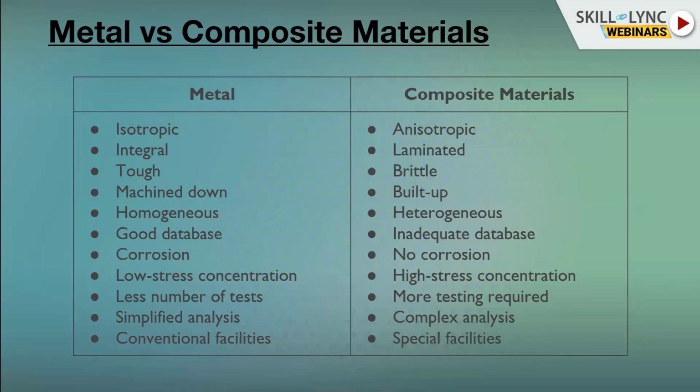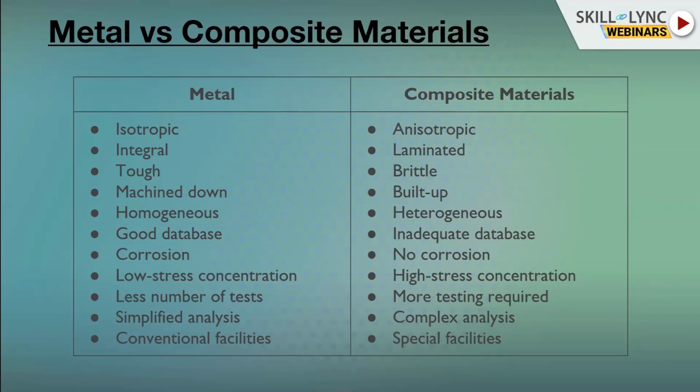The analysis in the metals is quite simplified because we have the database, we know the properties are isotropic and homogeneous, and there are a lot of case studies already done on the metal parts. Whereas in composites, these are tailor-made parts. So there is a complex analysis involved based on the design, and rigorous analysis is required to make sure the parts are safe to design and use.